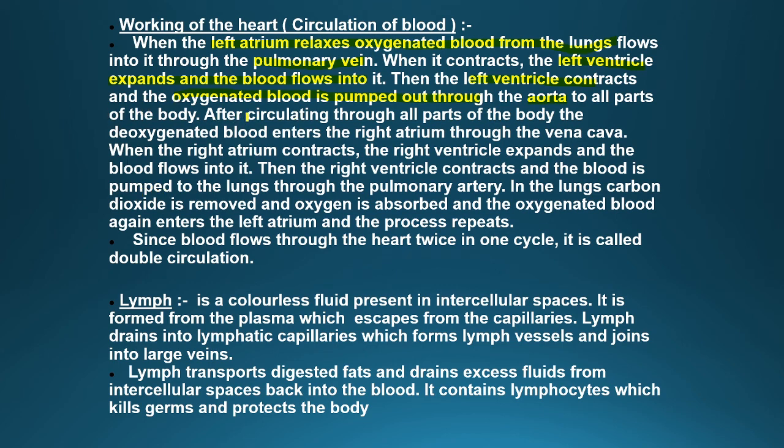Then, after circulating to all parts of the body, the deoxygenated blood enters the right atrium through the vena cava. Then the right atrium contracts, then the right ventricle contracts, and the blood is pumped to the lungs through the pulmonary artery. Since blood flows through the heart twice in one cycle, it is called double circulation. Humans have double circulation, guys. Always remember.